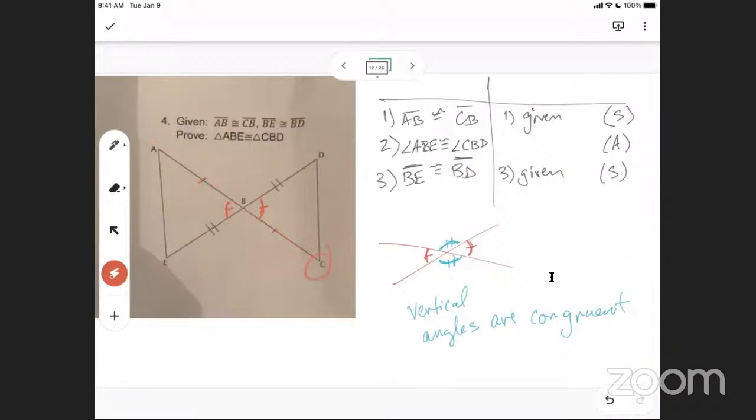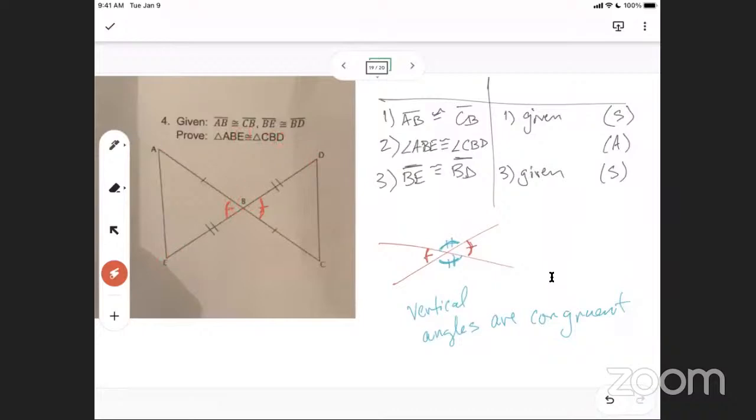That's a good practice to get into. In fact, you have to do that when you name your triangle. The A corresponds to the C, the B corresponds to the B, and the E corresponds to the D. You have to be careful when you're naming the triangle.